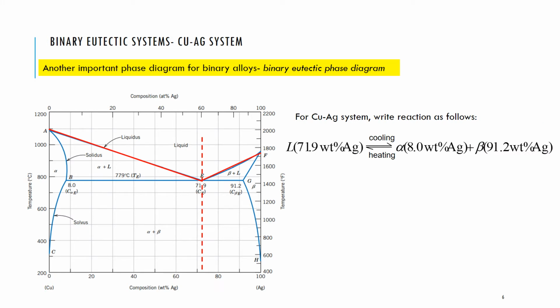We can show that reaction through the schematic shown here. So you go from a liquid phase that has 71.9 weight% silver to two solid phases, an alpha solid phase that has 8 weight% silver and a beta solid phase that has 91.2 weight% silver.